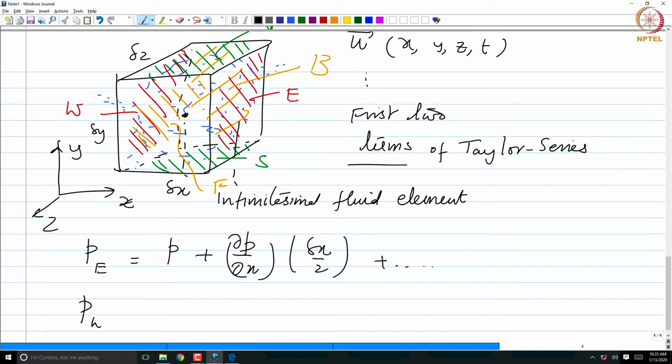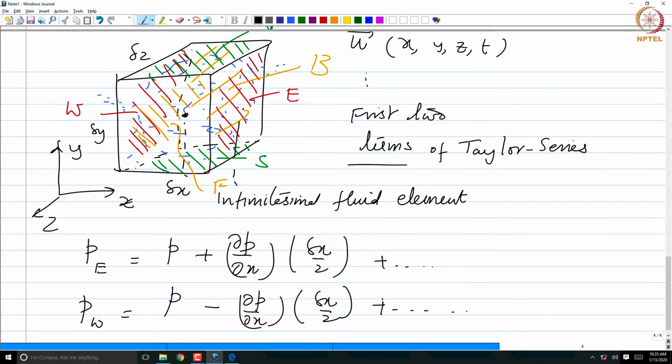Similarly, I can construct the value of the pressure on the west face by using P minus partial P partial x times delta x by 2, right? So these give us the values on the different faces. Similarly, we can construct it on the north face, south face, front and back and so on.